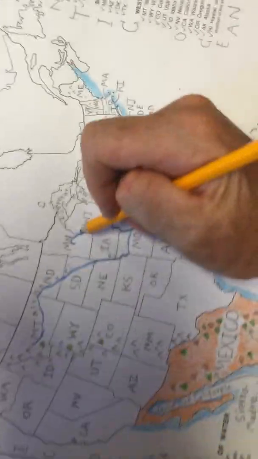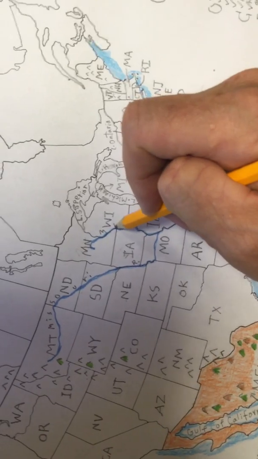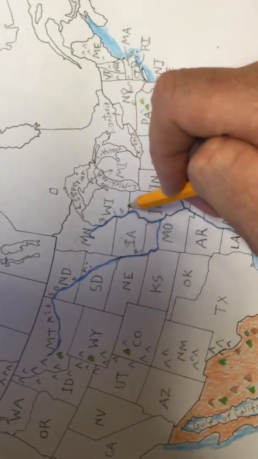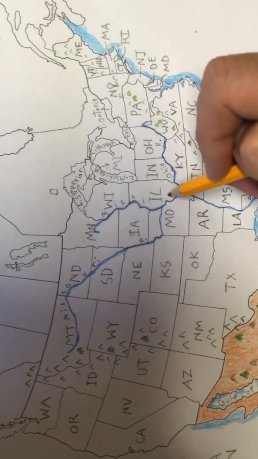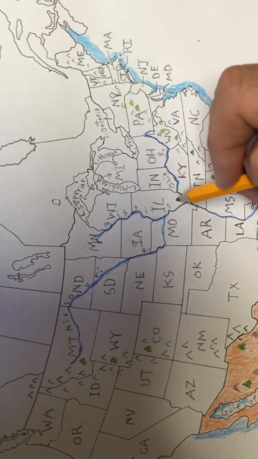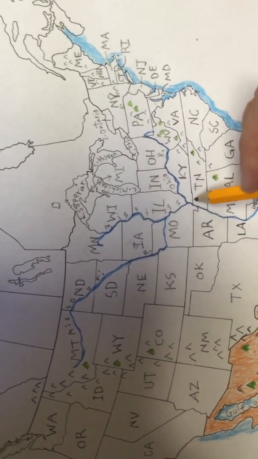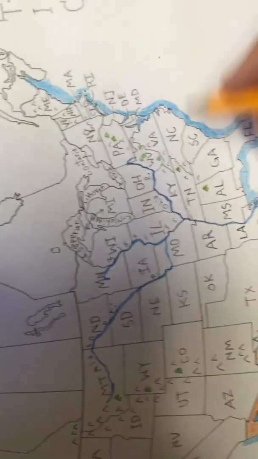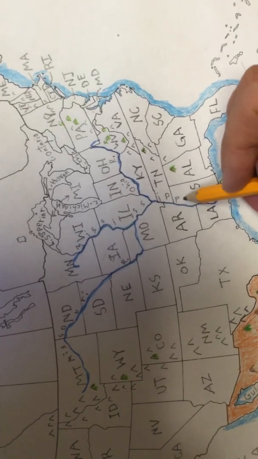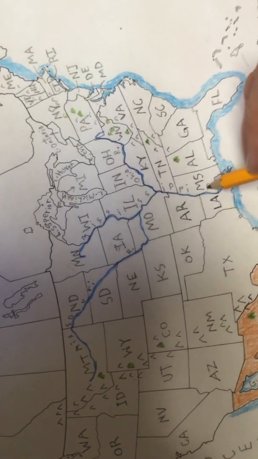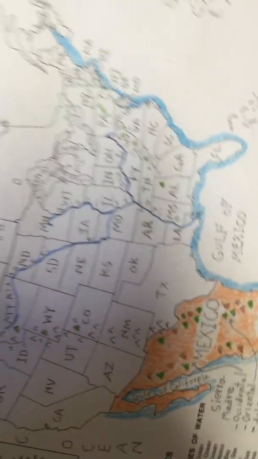Okay, and then you've got the Mississippi River. Let's label that real quick. M-I-S-S-I-S-S-I-P-P-I R period. All right, there we go.